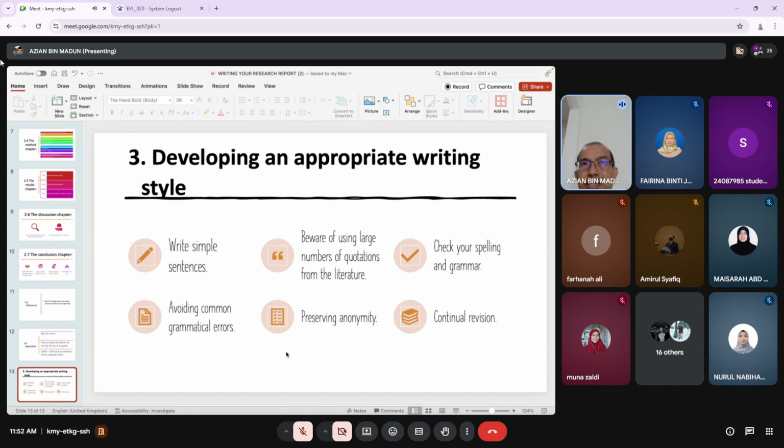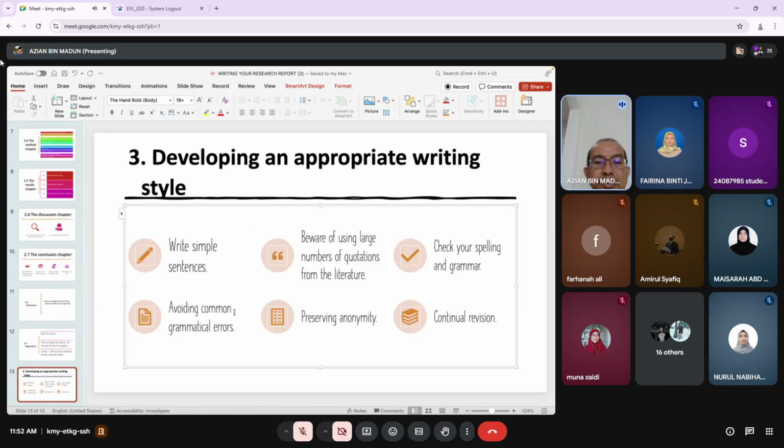Not in the form of a khutbah. It's not a Friday sermon. It's more towards consultative. Careful lah.